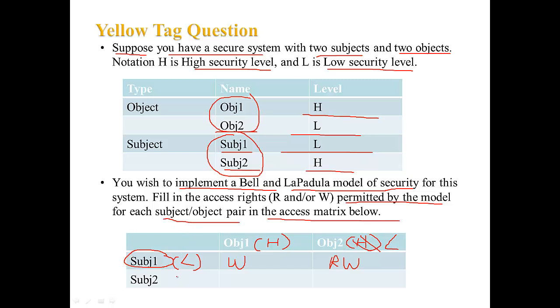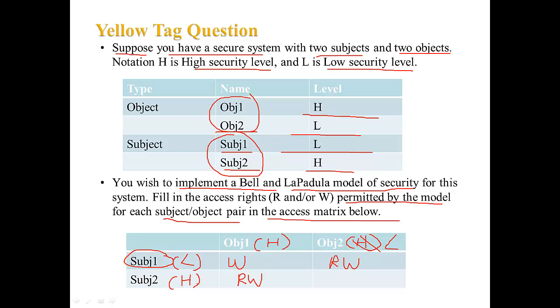Let's consider subject 2. Subject 2 has high security level. So let's compare with object 1's security level. Because both of them have high security level, they are in the same level. That means subject 2 can read and write to object 1. Let's consider subject 2's level and object 2's level.